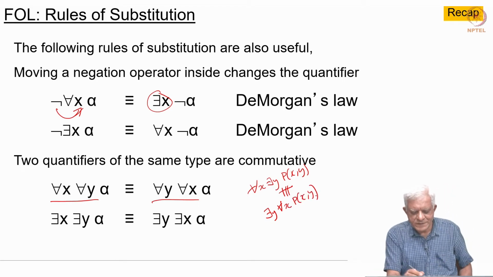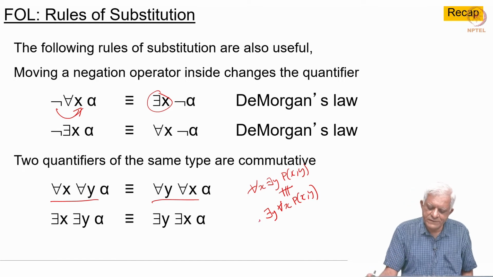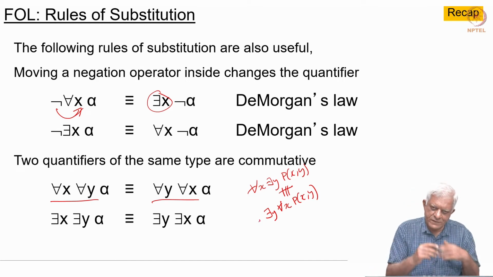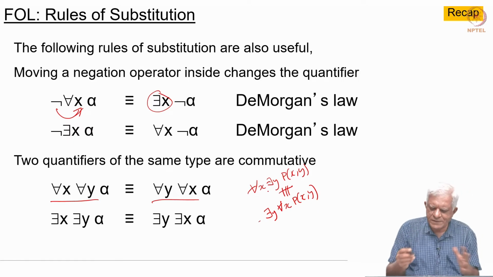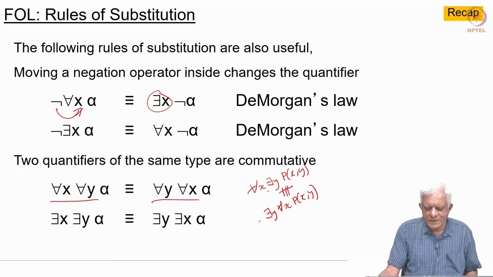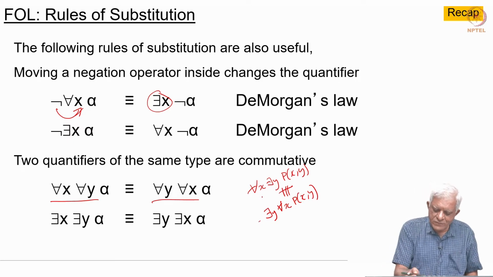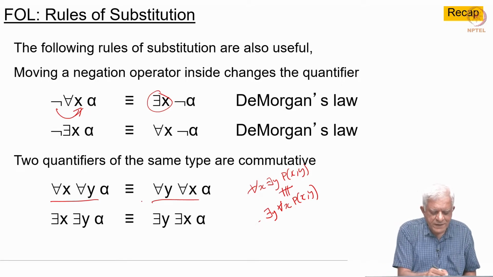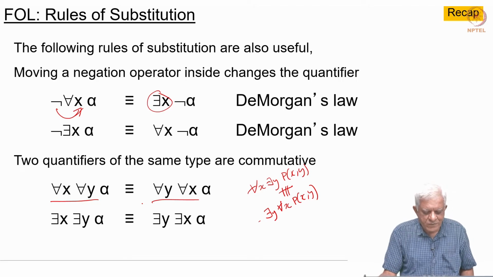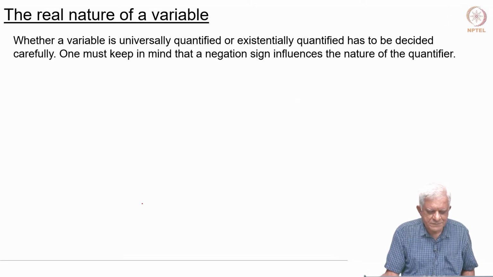In the second case, the y is fixed first, and then we are saying that for every x that is true. In the first case, we are saying for every x there is some y essentially. So, obviously, the meaning is not the same, and therefore, you cannot swap different kinds of quantifiers in an expression. But if they are the same, like in the examples given here, then you can swap them and it does not change anything.